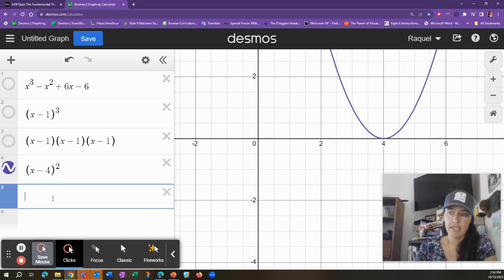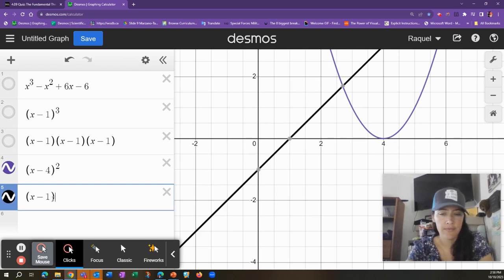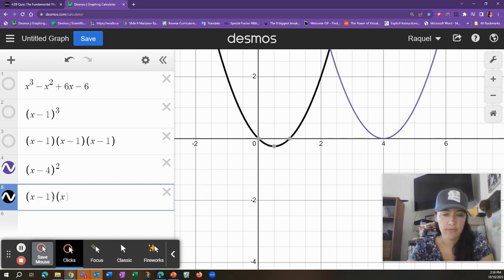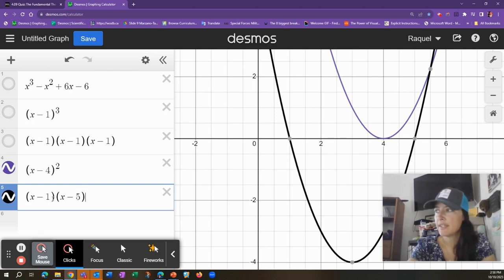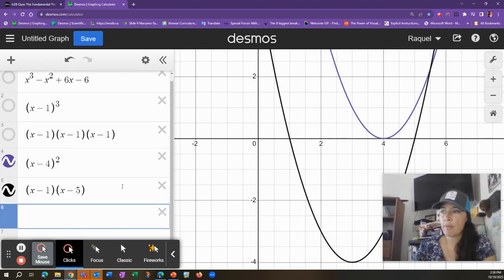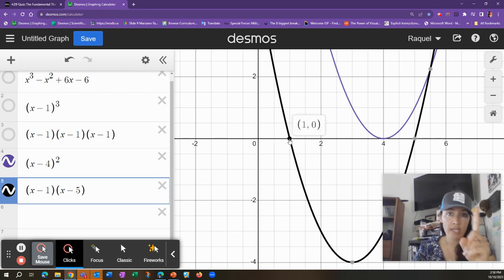Okay? Remember how we said just once? If it's just a multiplicity of 1, meaning it's just 1 zero, 1 root, it just goes boop, boop, straight across. If it's got an even multiplicity, right, I'm going to make this squared, and this black graph is going to be a curve.